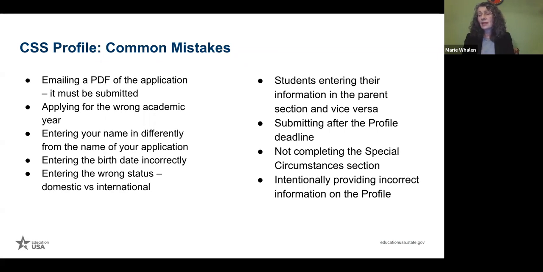The problem is, even though students who do this are doing so because they're just really desperate to get into that college or university they want and to be able to afford it, colleges often verify financial documents. So if there's a discrepancy, they'll find it and it'll be a problem for you.